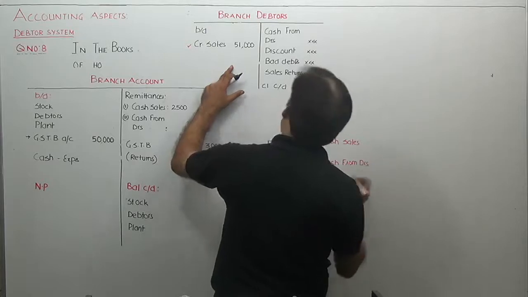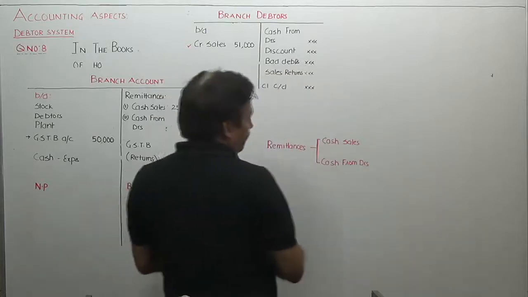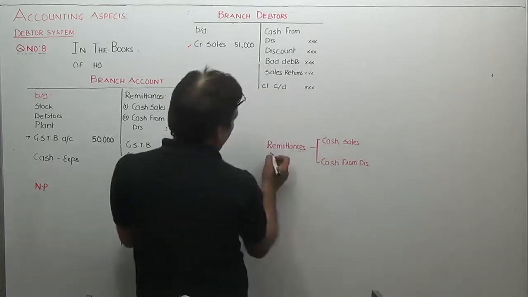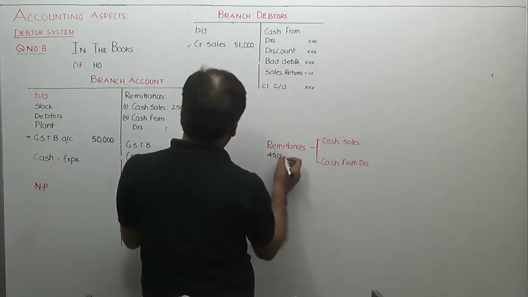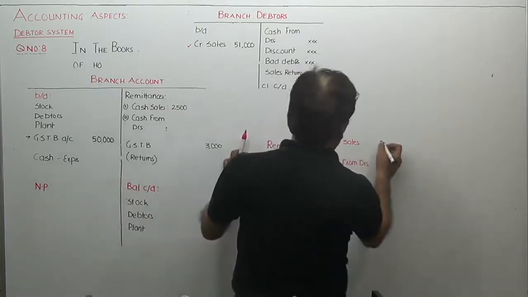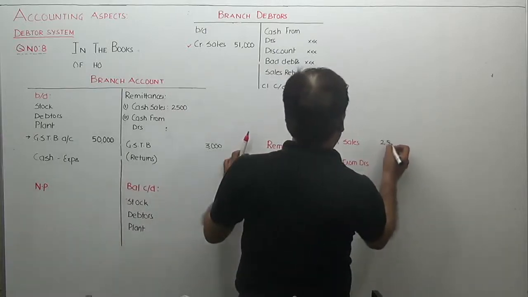These are two significant facets. Now, total remittances have been given to you, worth rupees 45,000, and the amount of cash sales happens to be 2,500.